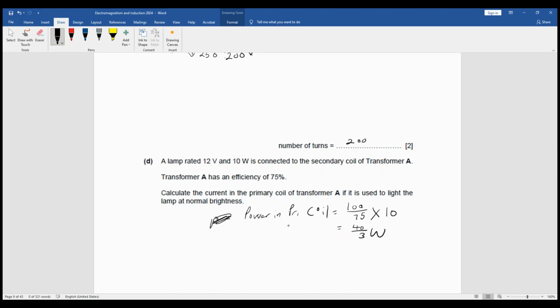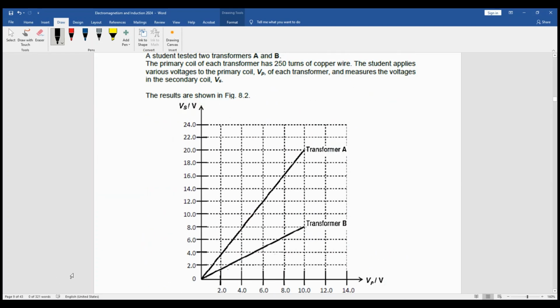And then I want the current. 12 volt is in the secondary coil. My primary coil should be, if it's 12 volt in the secondary coil, the ratio is, when it's 2 here is 4, 8, 12.